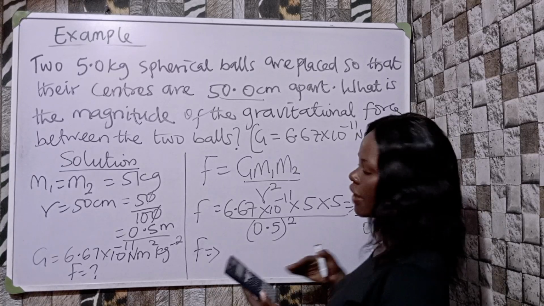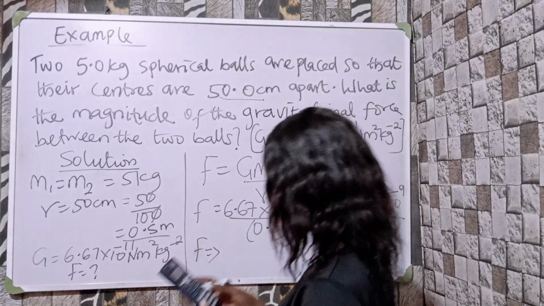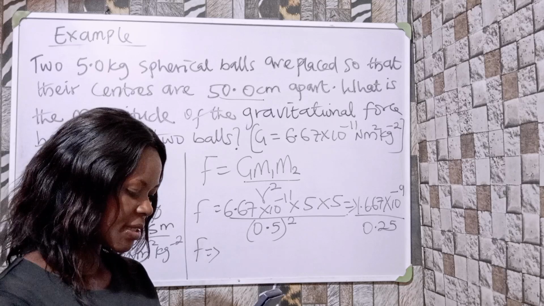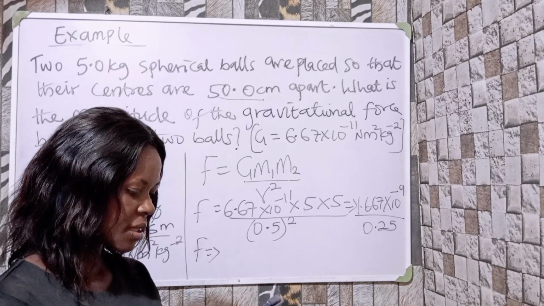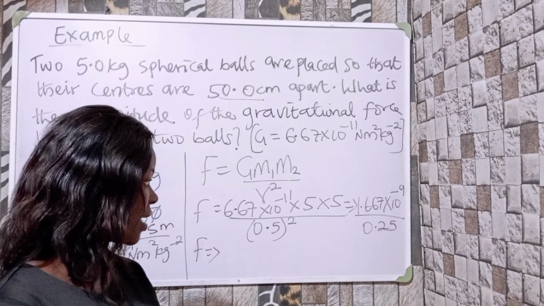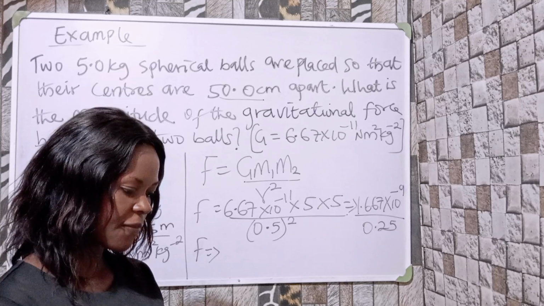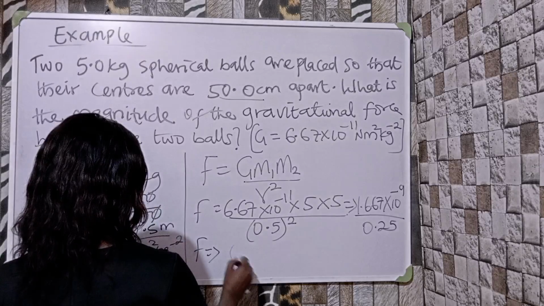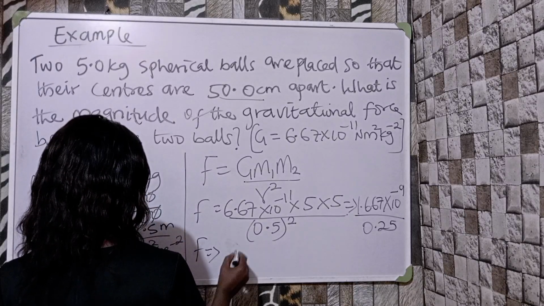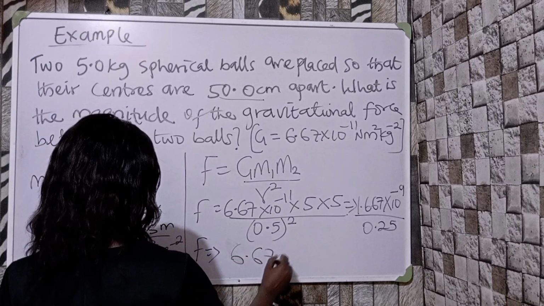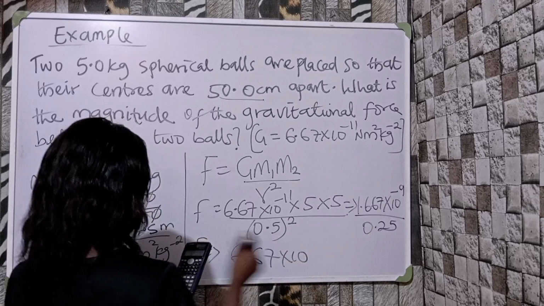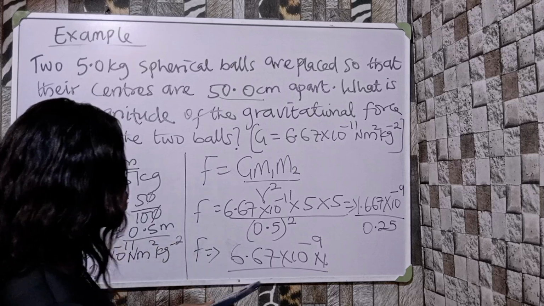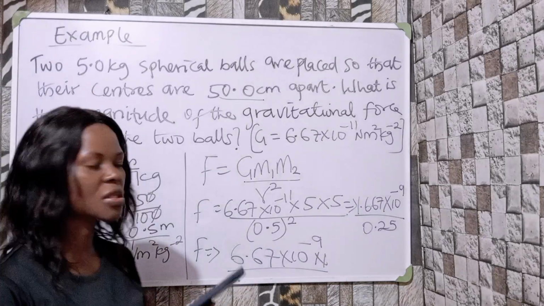All right, so let's divide all through and get our final answer. 1.667 exponent minus 9 divided by 0.25. Okay, I have my answer to be 6.67 times 10 raised to power minus 9. So this is how I can get my gravitational force.